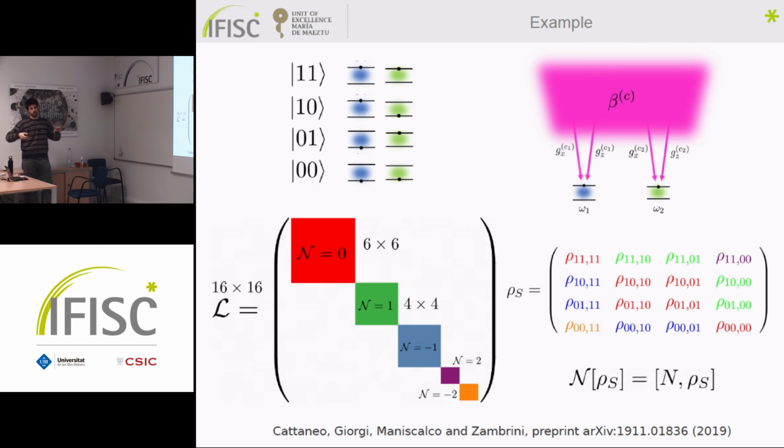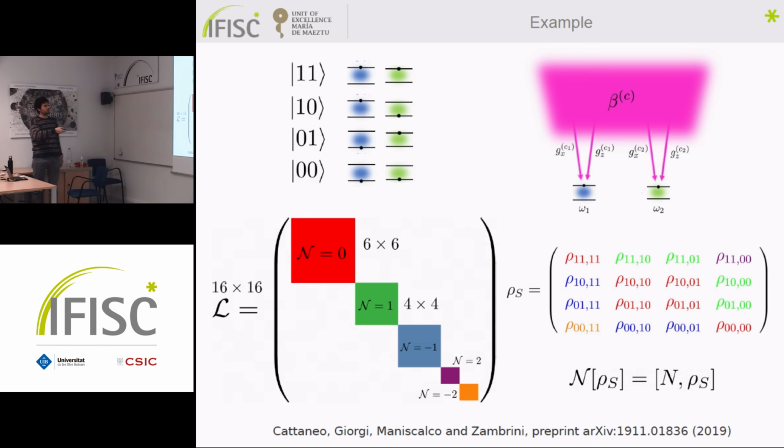Since I'm removing coherences from a physical state, I'm still getting a physical state, according to the mathematical laws that tell me when this is a physical state. But then all the blocks are independent, so the Liouvillian superoperator applied on the steady state must give 0.